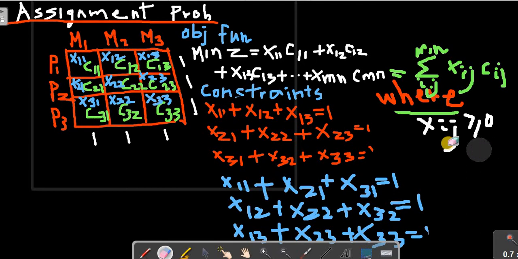Xij means the assignment of the person to the machine. It can be assigned or not assigned, but there is no chance of a negative value here. Therefore, the value of Xij must always be greater than or equal to 0. This is called the feasible condition, spelled f-e-a-s-i-b-l-e.